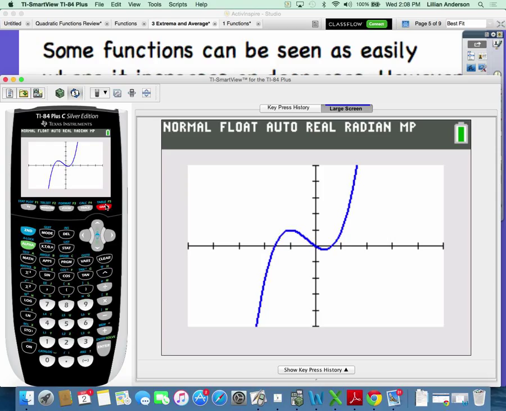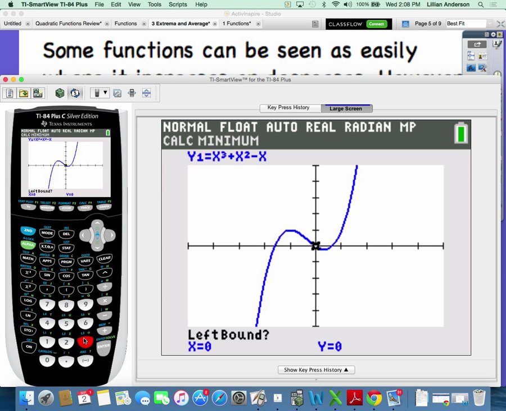Do you guys remember the process to find the minimum? Go ahead and do it. Find the minimum. It is second trace.